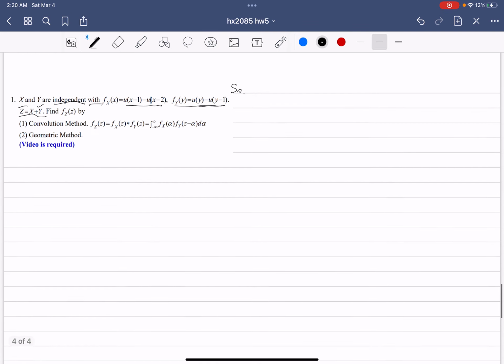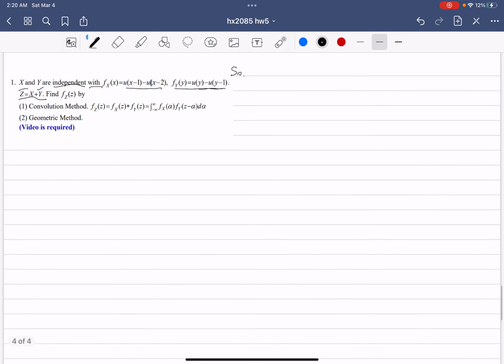We need to find the probability density function of z. In the first part, we need to use convolution methods. In the second part, we need to use geometric methods.